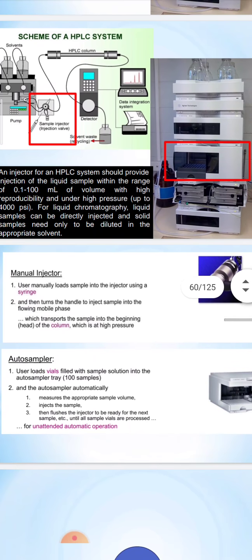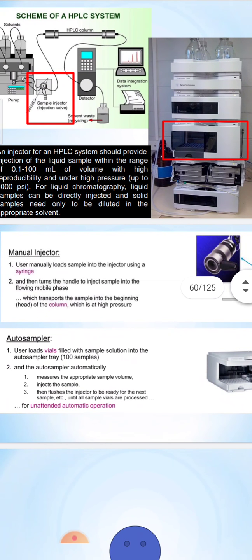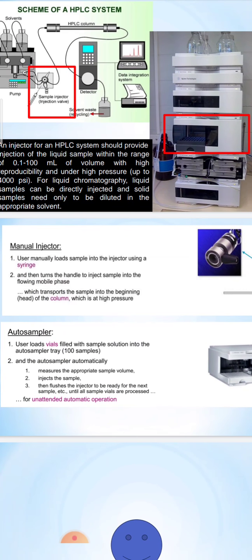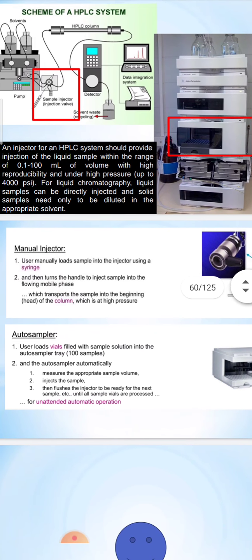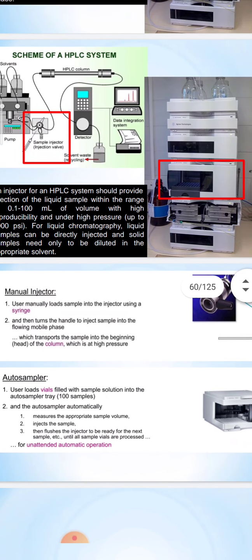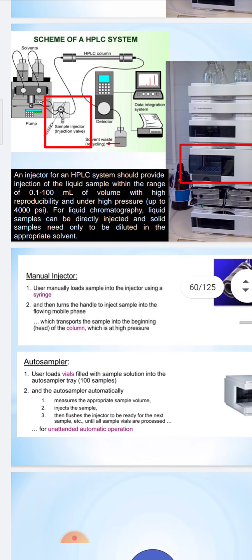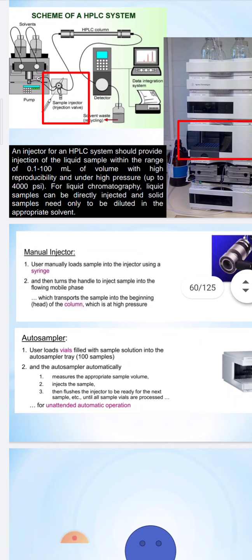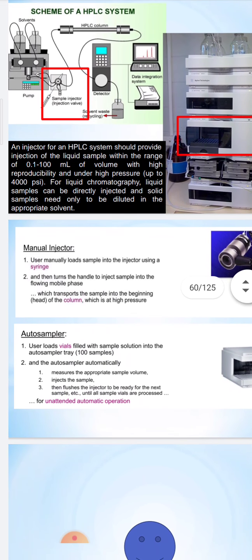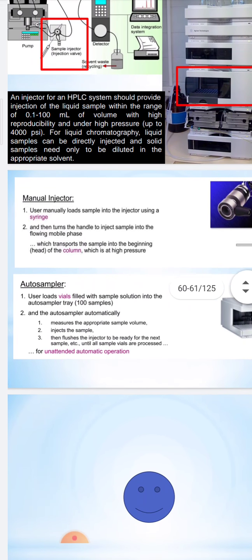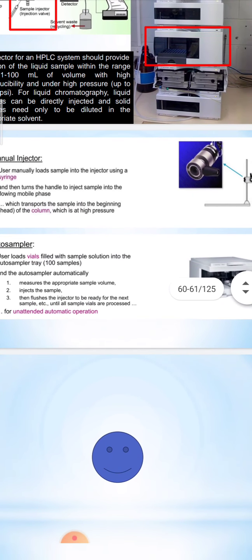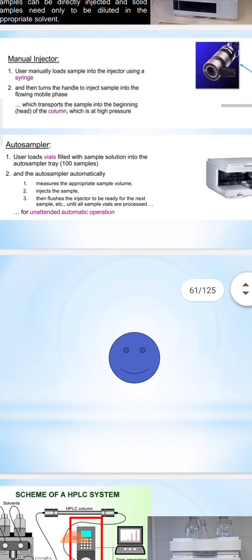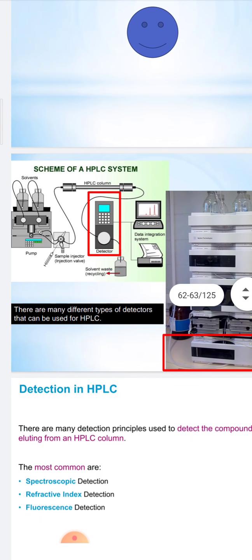That is very important. Then the manual injector: the user manually loads the sample into the injector using a syringe and then turns the handle to inject the sample into the flowing mobile phase. Then the autosampler: the user loads vials filled with the sample solution into the autosampler tray. These are the sample injection systems.